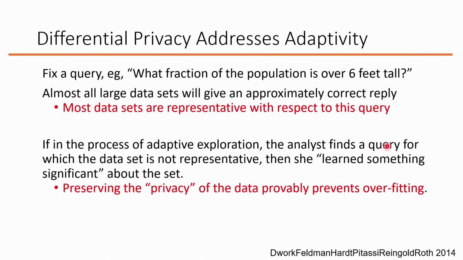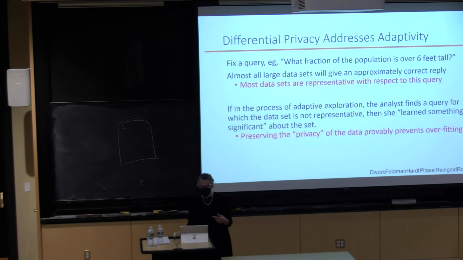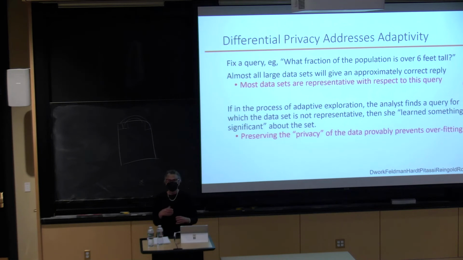So suppose in the process of adaptively exploring, the analyst finds a query for which the data set is no longer representative of the population. We know that for the first query it will be. But suppose she finds a query for which the data set is not representative.